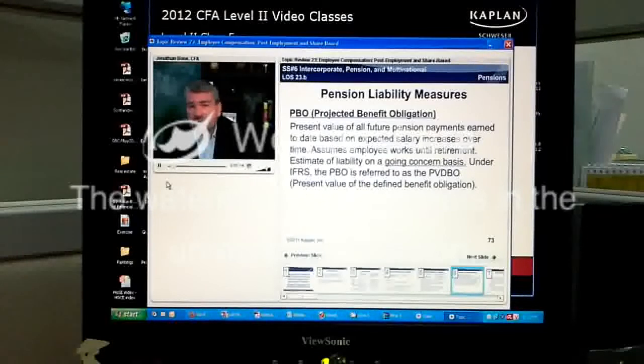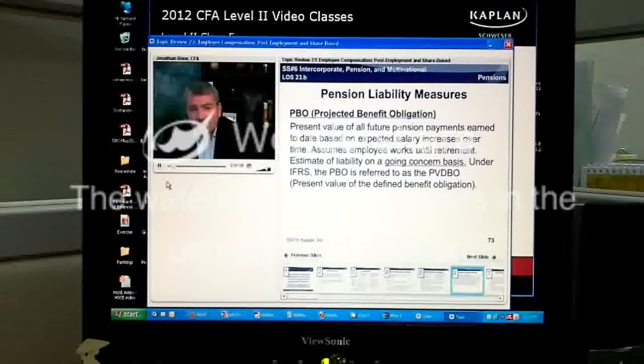Well, it's a present value figure. What we're going to do is estimate the pension payments based on your current service history, but based on your final salary. So it's based on your working record to date, but the payments are based on your expected final salary, and we're therefore assuming that you are going to work until retirement.